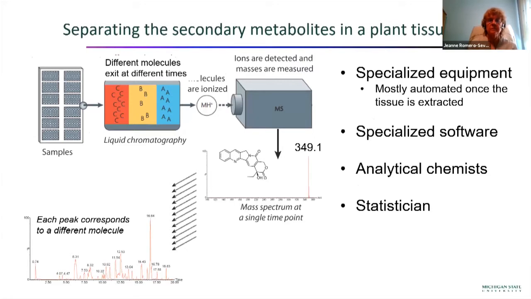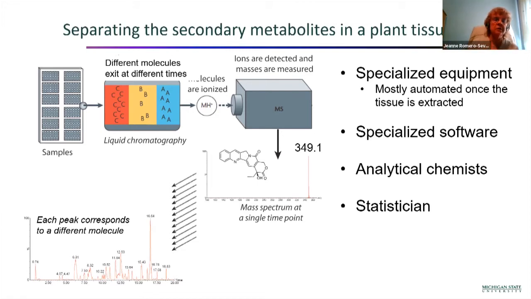Okay, so how do analytical chemists do this? This actually works much better than genomics or transcriptomics. In this technology, we take the samples, we extract them in some sort of combination of solvents, and we run them through a series of analytical devices.